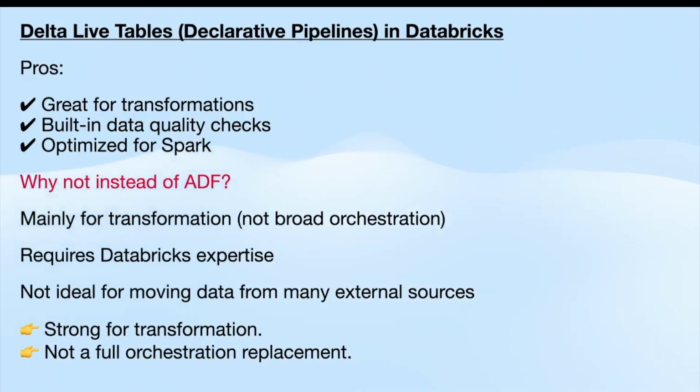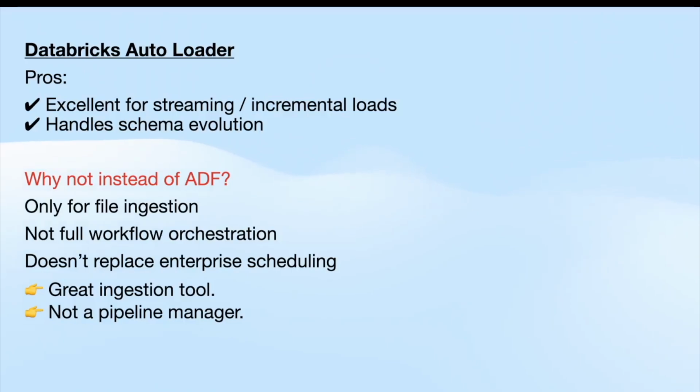Now, let's compare with Autoloader. Why is it not the best fit in our scenario? Autoloader is an incremental and streaming job, which is a great fit, but our scenario is a batch load. We may connect to on-premises or an isolated network, and we would have to write more code to establish the security and networking.